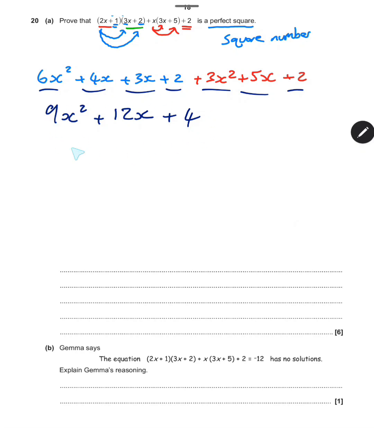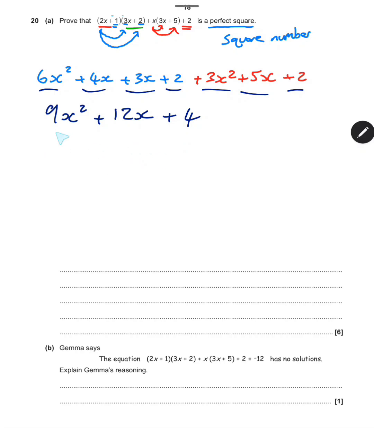What we're looking to do here is show that this is something squared. And what I've recognised is I've got just a quadratic expression. I've got x squared terms, x terms, and a number term. The only algebra I can really do at this point is try and get this into double brackets, try and factorise it. So it's not an easy one.